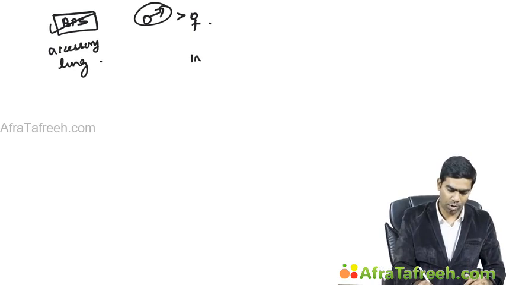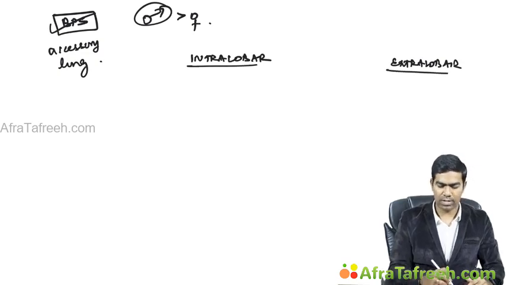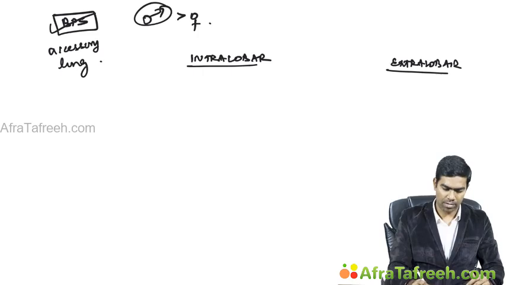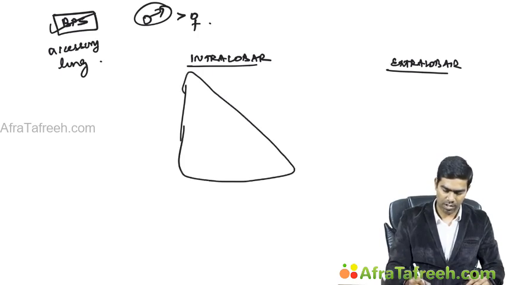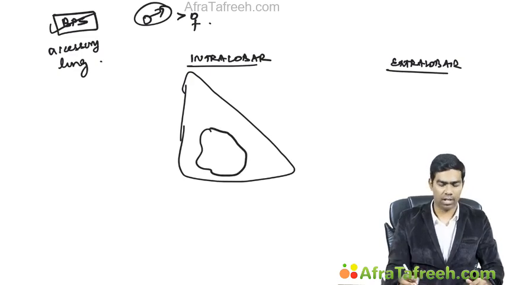So there are two types of bronchopulmonary sequestration. One is called intralobar sequestration, and the second is extralobar sequestration. Let me draw the diagram first. If you take the left lung and it's an intralobar sequestration, there will be a sequestered part of the lung.